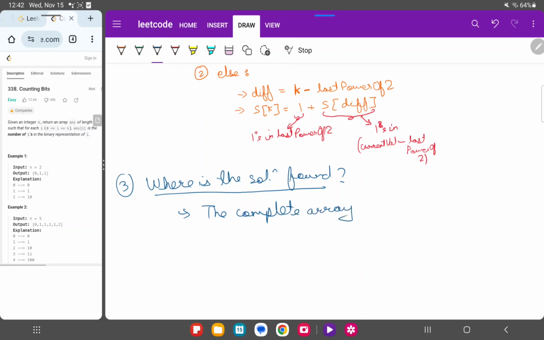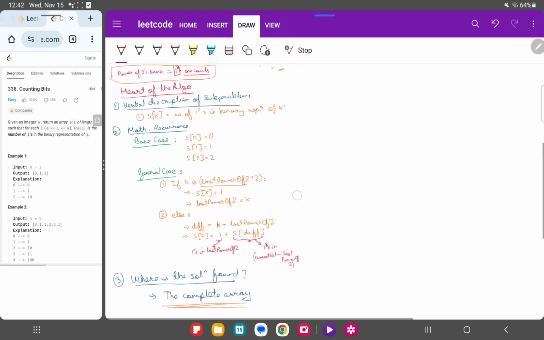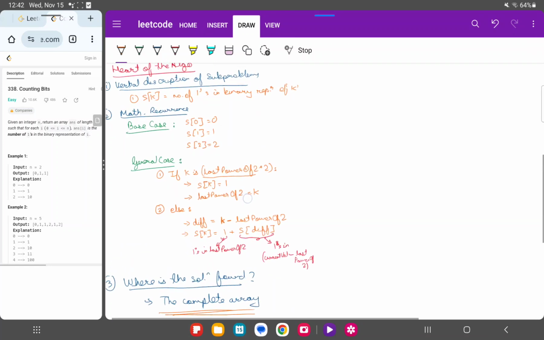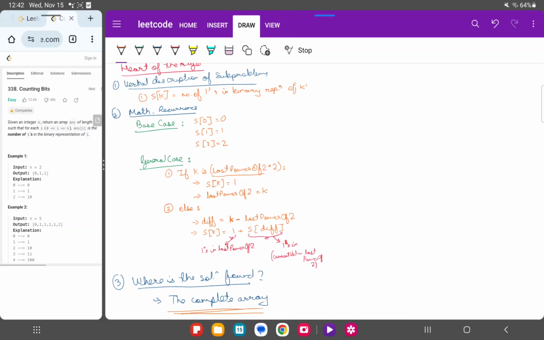So you just compute the array and return it. So this is our solution, and this is our complete heart of the algorithm for counting bits using the dynamic programming approach.